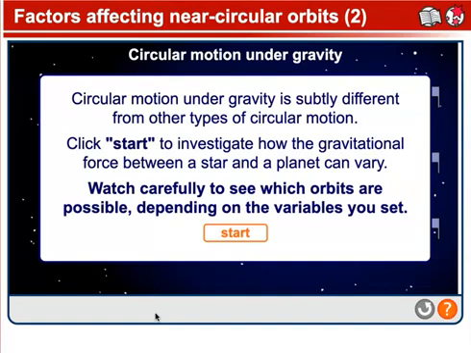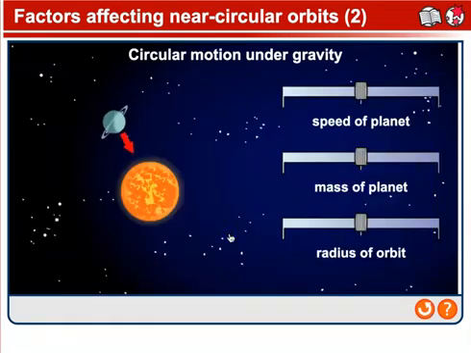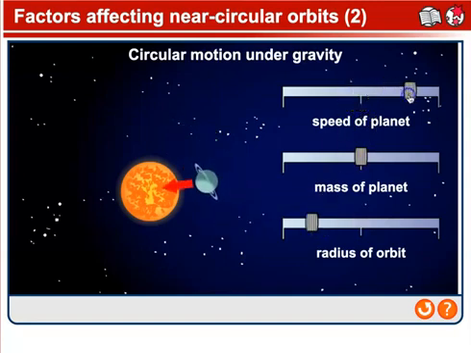Circular motion under gravity. Circular motion under gravity is subtly different from other types of circular motion. So let's experiment. We've got an object in orbit. Let's speed up the planet.